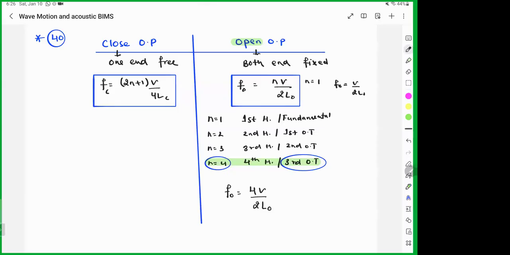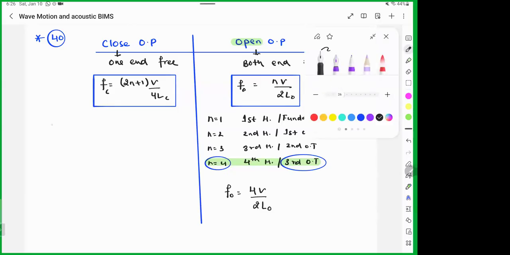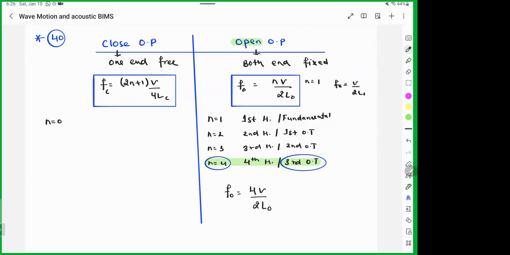But in the closed pipe, if n value is 0, it will be called the first harmonic or fundamental mode. It starts with 0, not 1. If n value is 1, it will be called the third harmonic and first overtone.